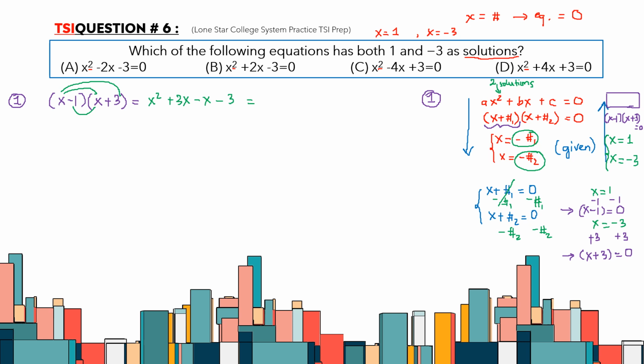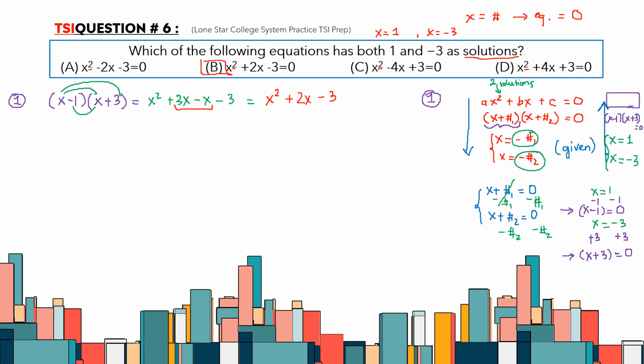Now we combine like terms. 3x minus x is 2x, so what is left is x squared plus 2x minus 3. And we can see that B is the right answer, right?